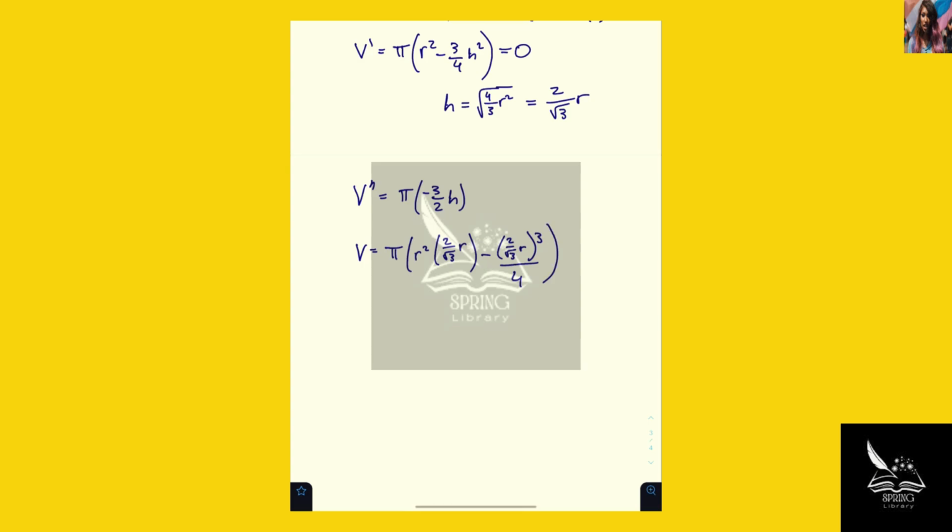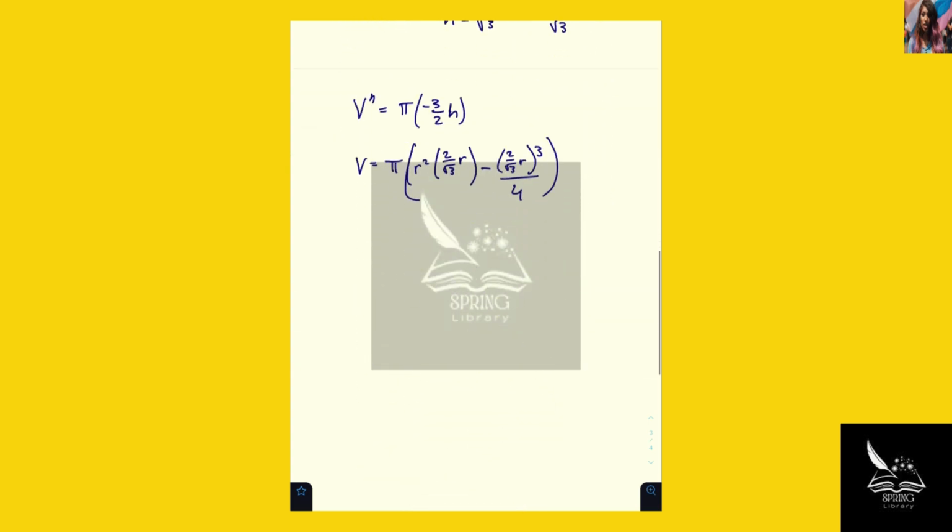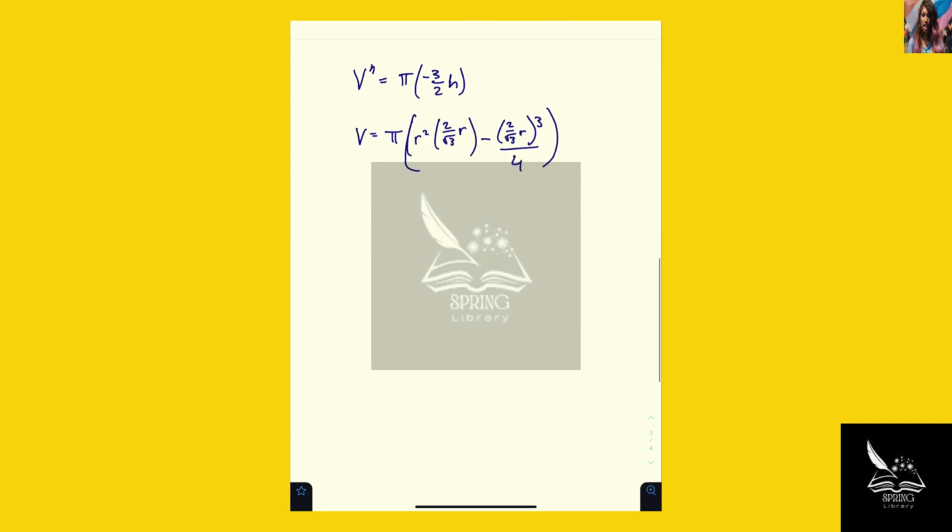And this is going back to our original equation right here. Then we simplify this further, and we get that V is equal to 4 over 3 root 3 pi R cubed. So that is going to be the volume that we find for this particular cylinder.